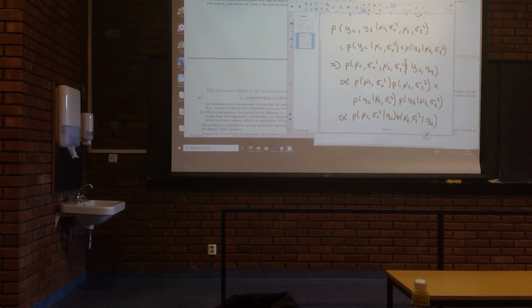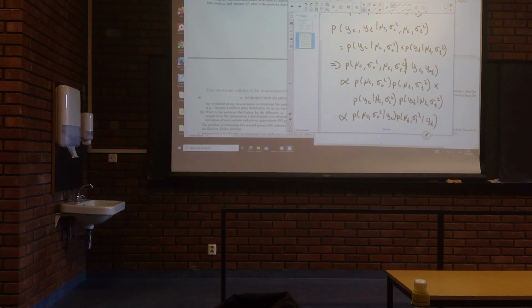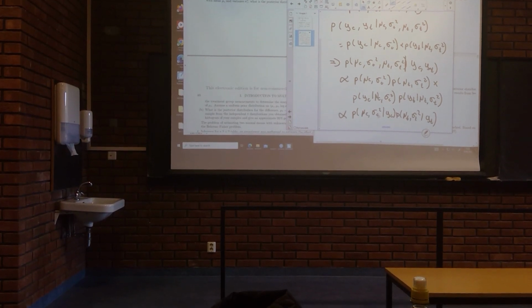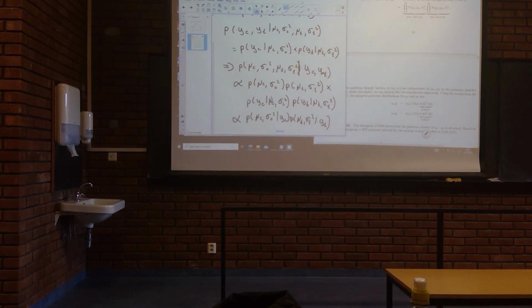So we have independence also in the posterior, and that helps us considerably, because then we can look at these two groups separately, and within each group we are in exactly the same setting as we have discussed earlier. We have Gaussian data, we have conjugate priors, and then we directly have that the marginal posterior for mu_c is t distributed, and similarly for the treatment group.